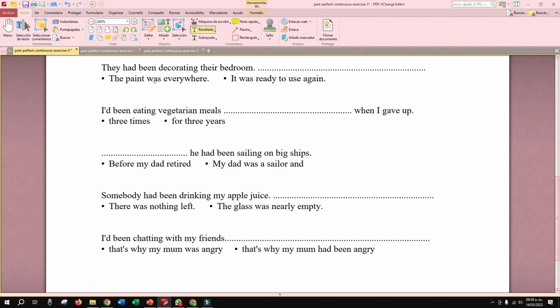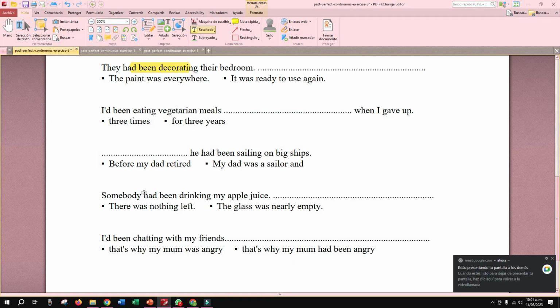Let's see. They had been decorating their bedroom. The paint was everywhere, you know the paint, right? Or it was ready to use again. We can say two options there. Look at this information first, right? So they had been decorating their bedroom. Which could be the correct option there?